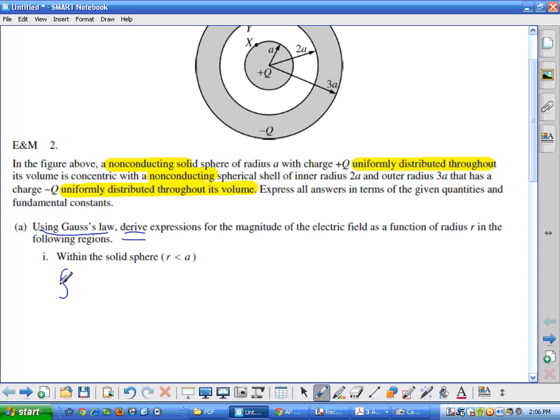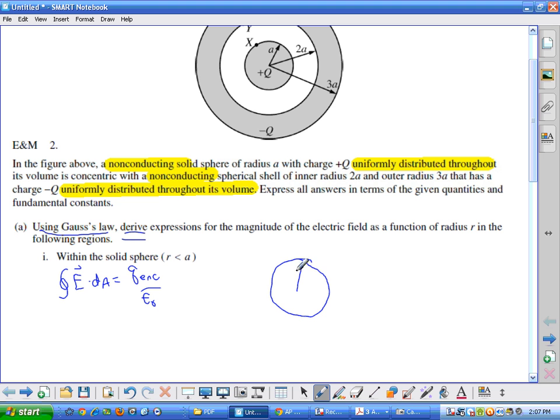So Gauss's law says that the electric flux, which is the integral of E dot dA, is going to have to equal Q enclosed over epsilon 0. Now for this, we're going to need to figure out what the enclosed charge is. To do that, we have this sphere.